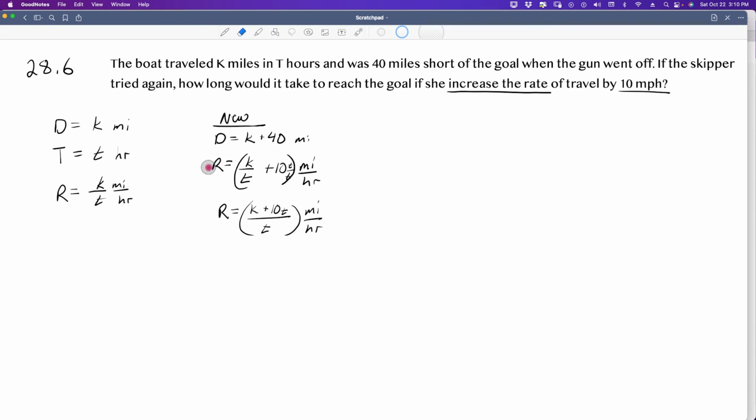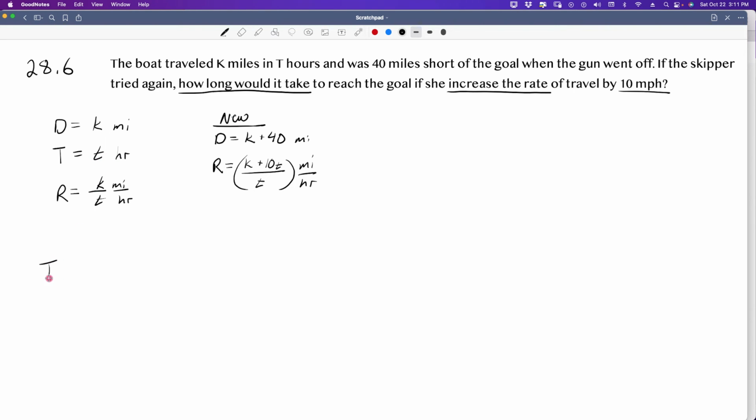So let me erase this old one and bring this up. Or it's not the old one, it's the one we used to solve to get the new rate. So we have our new distance and we have our new rate. And now, how long would it take? That is our time that we're looking for. That's what we're trying to solve for. So we know that time is equal to distance over rate.